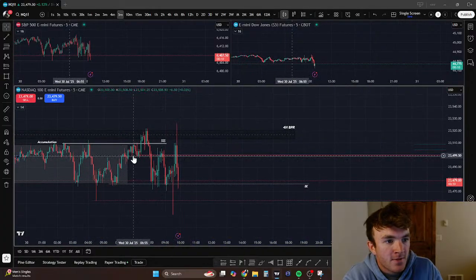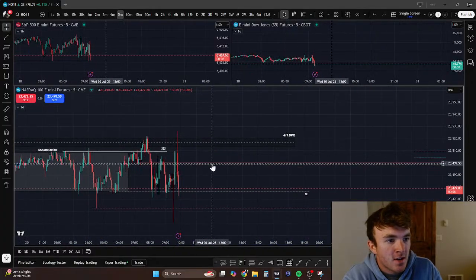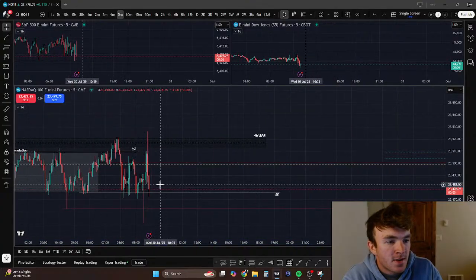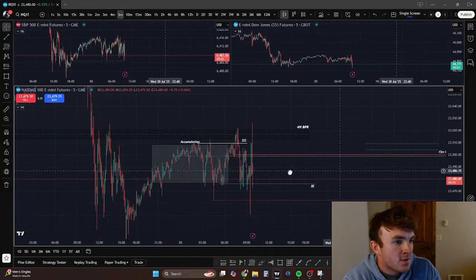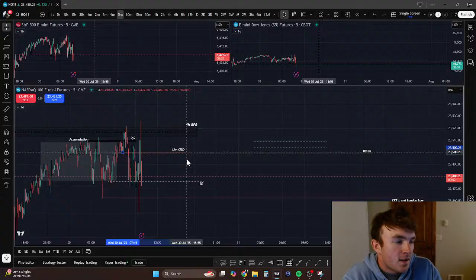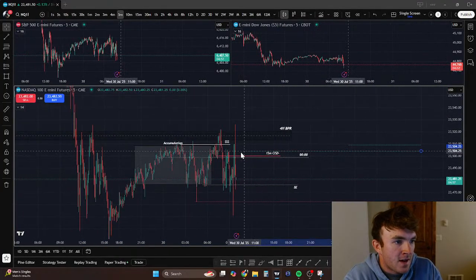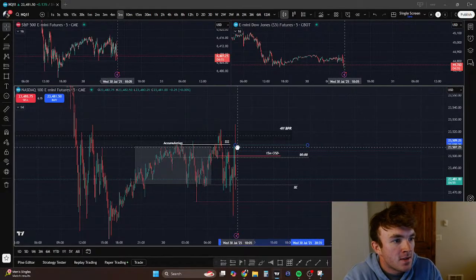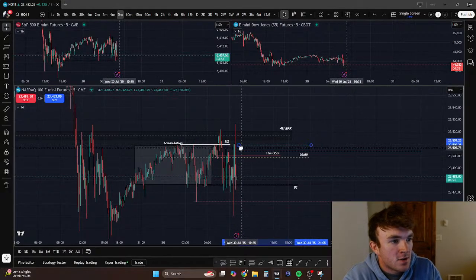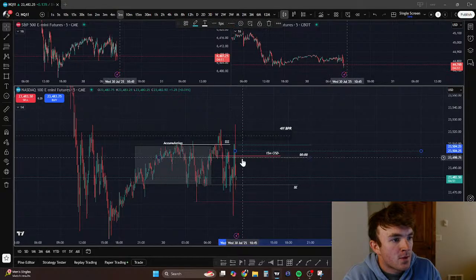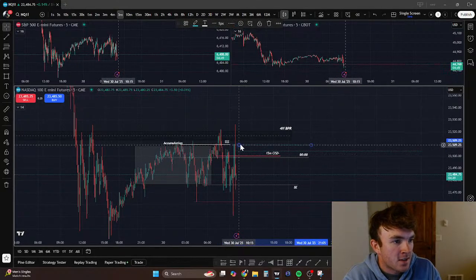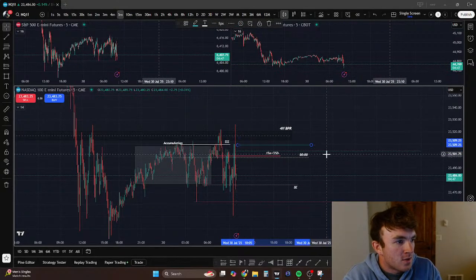Well, we had a 15-minute change in state of delivery right above midnight. I loved how perfectly placed this was above midnight. And as well, we had a new day opening gap sitting right behind it that I thought should hold price. If we were to come above the change in state of delivery, I thought the new day opening gap should support price.